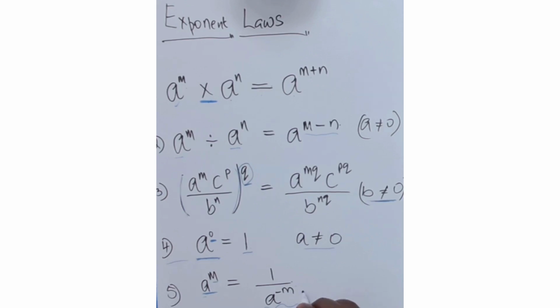So if we want to make a to the power m the denominator, we now need to change that exponent. When it was a positive there, we changed it to a negative. And when it's a negative, we must change it to be a positive.